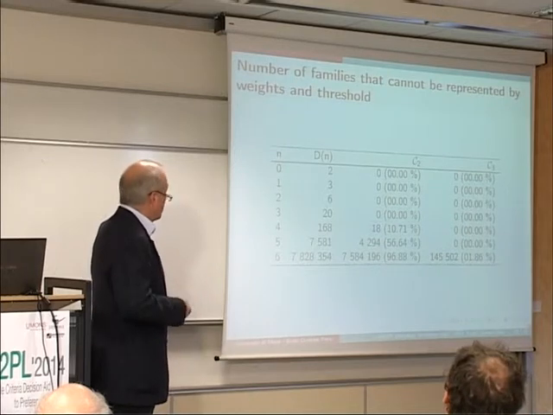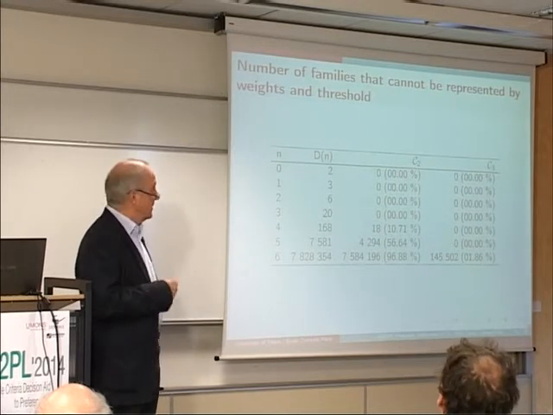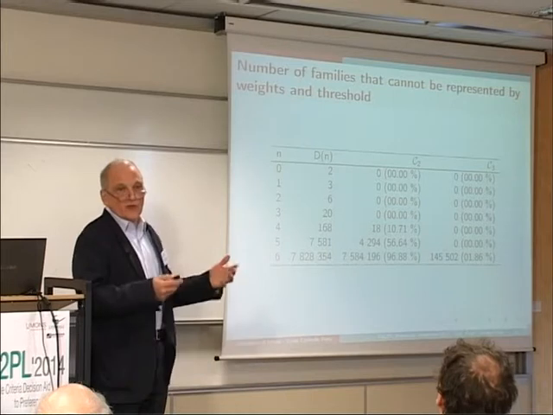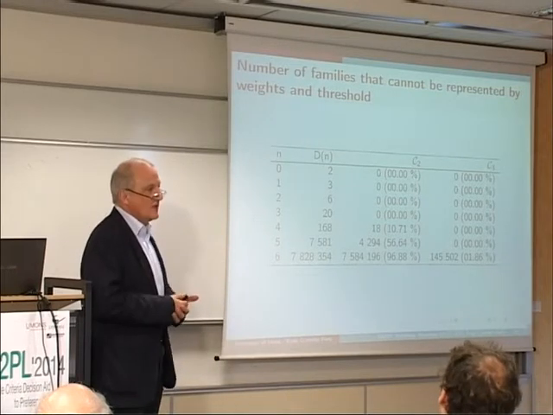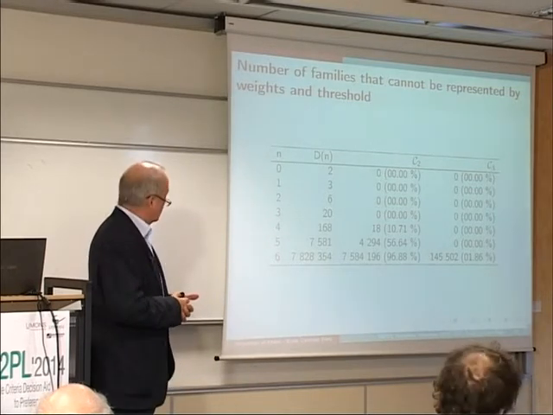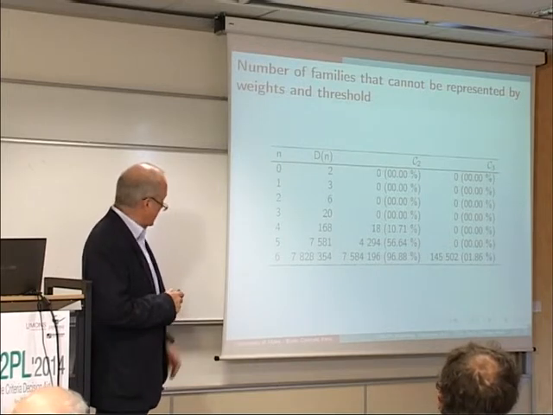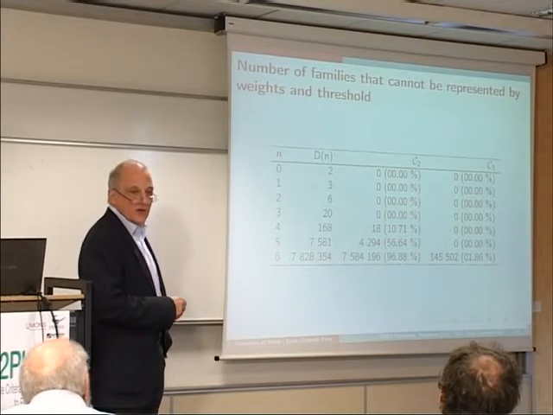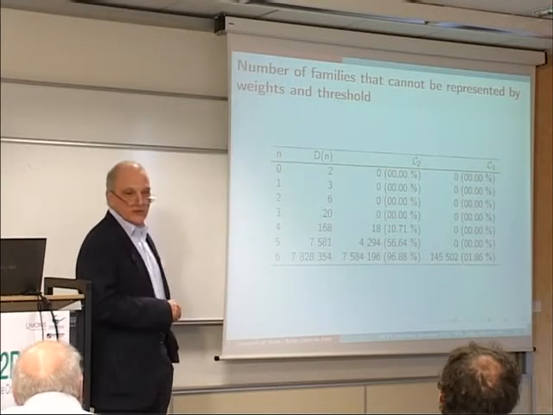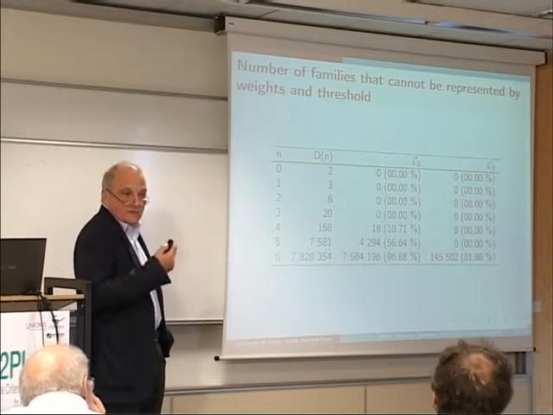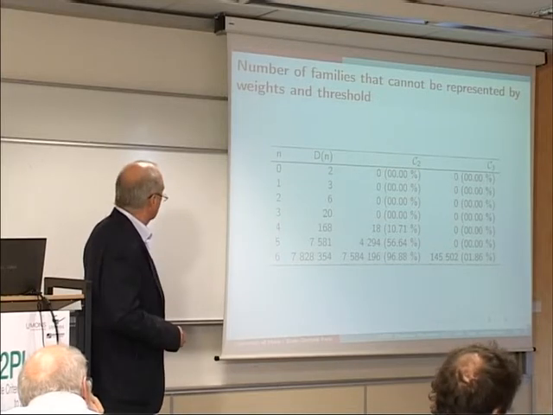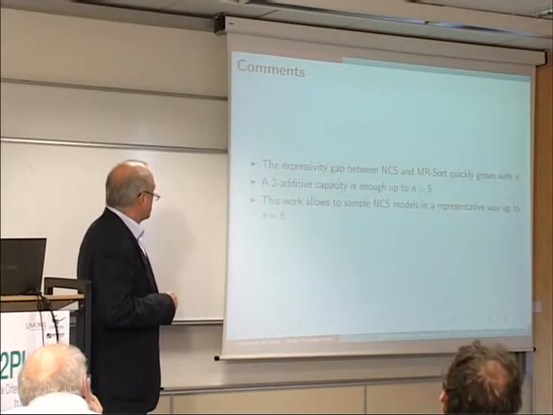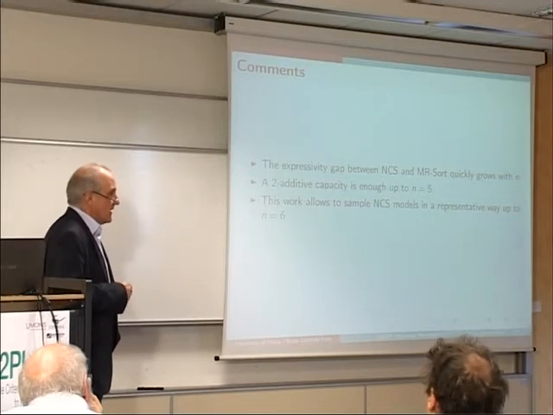So we can do the same when we consider the multiplicity of the inequivalent anti-chains. The picture is roughly the same with a little bit more non-1 additive representable. Okay, so the comments are the following.